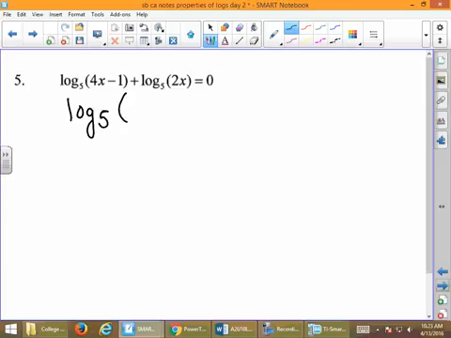But before we apply the definition, we should combine over here on the left side of the equation. We have a plus, or an addition process, so we're going to multiply these. But just like the previous two, because we have a logarithm on the left and we don't have a logarithm on the right, we are going to go around the world.